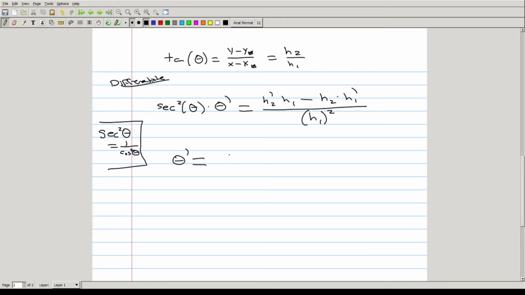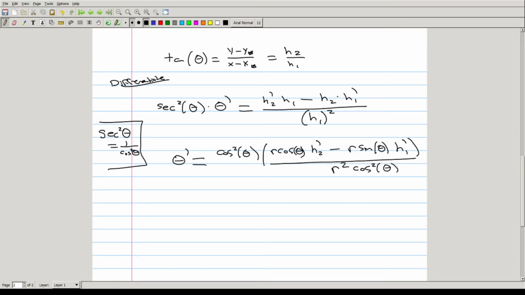Theta prime is equal to cosine squared of theta times h1, which is r cosine of theta, times h2 prime, minus r sine of theta, which is h2, times h1 prime, all divided by r squared cosine squared of theta, because the denominator is h1 squared.